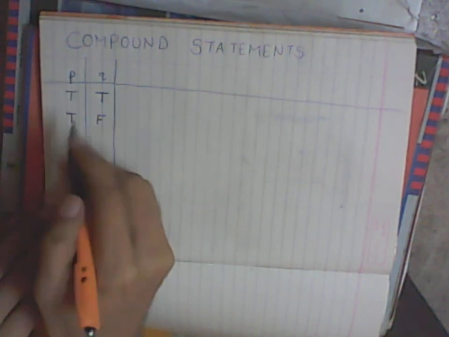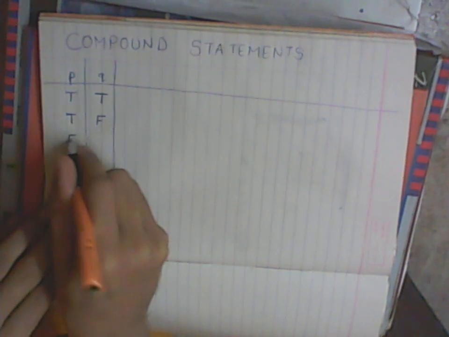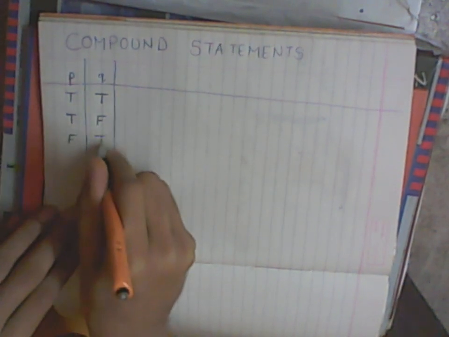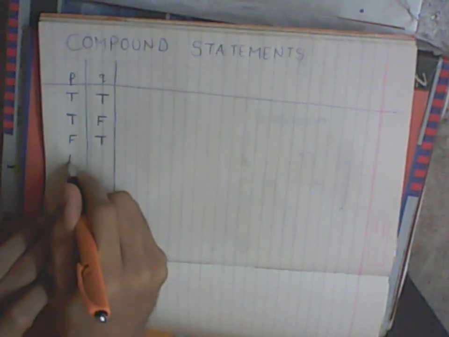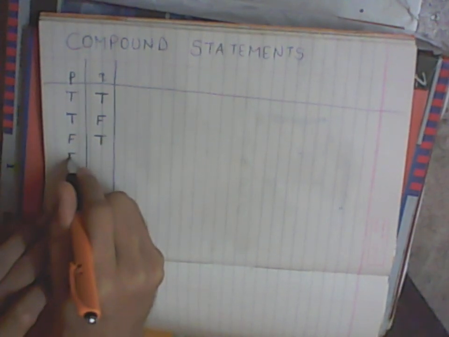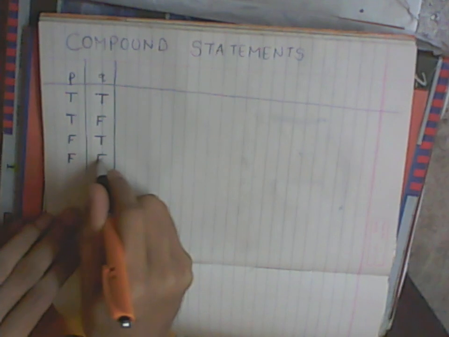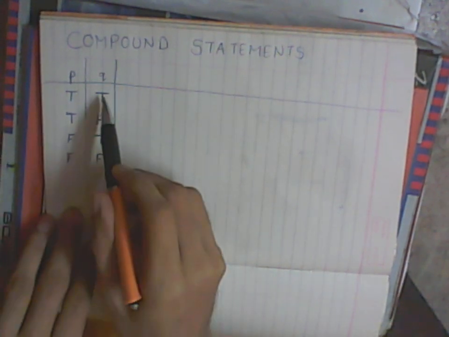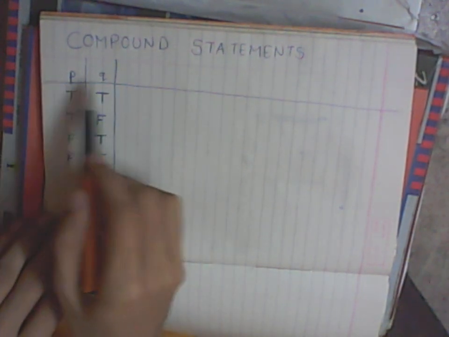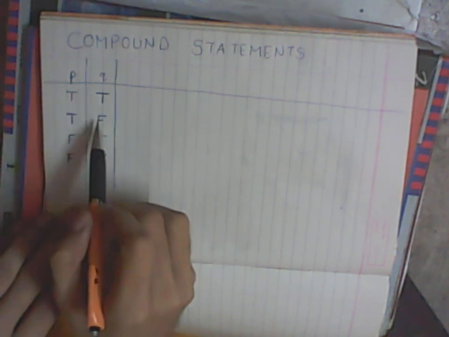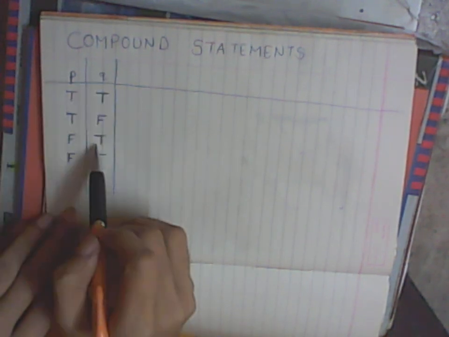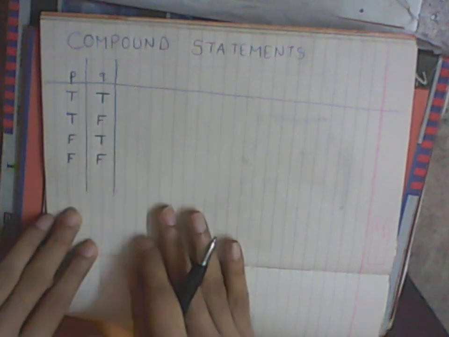I can have P be false and Q be true. And I can have both of them be false. So these are the only four possibilities when you have two statements.